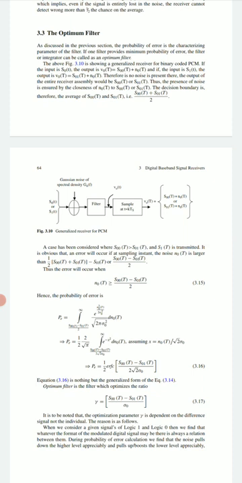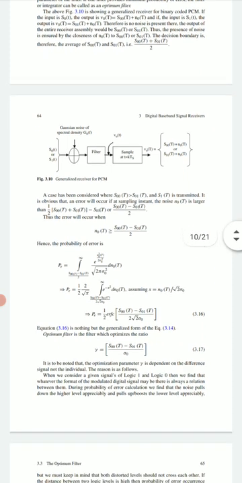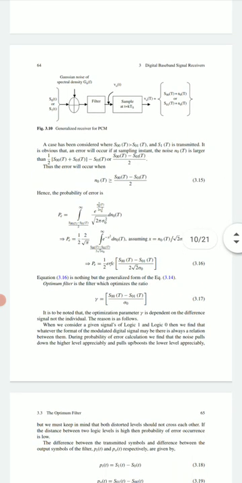So when noise is present, if the output y(t) is closer to s_01(t) than s_02(t), we say s_1(t) was transmitted, and if the output y(t) is closer to s_02(t) than s_01(t), we say s_2(t) was transmitted.